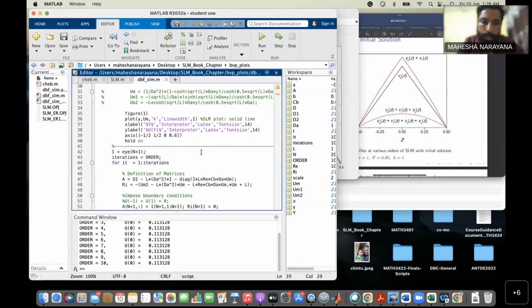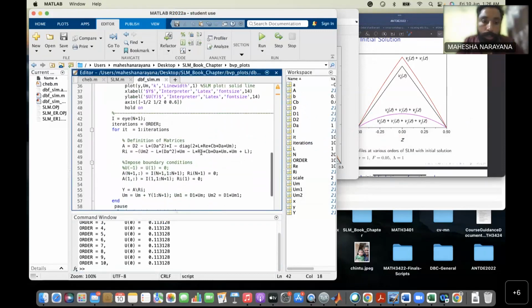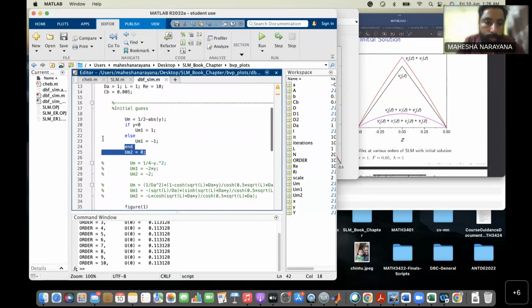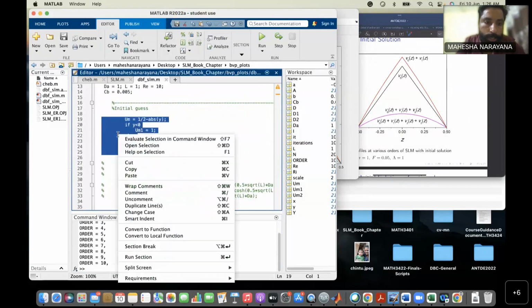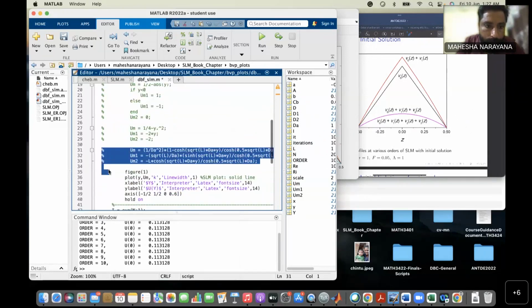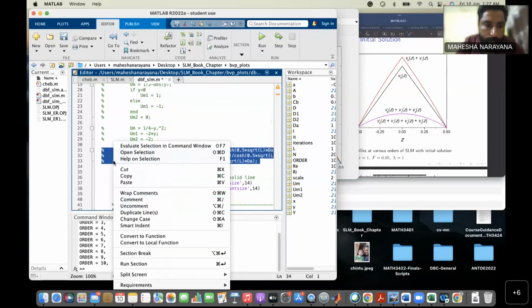And I'll show one more initial guess, which is a very nice approximation. The previous one was a very bad initial approximation, but even in that case we saw the convergence happen quickly. So I'll show with the best initial approximation that we can have for this particular problem.